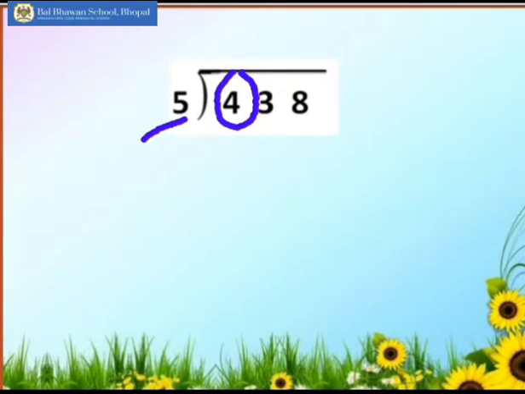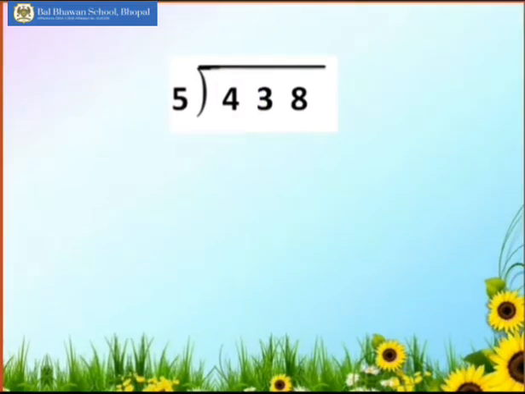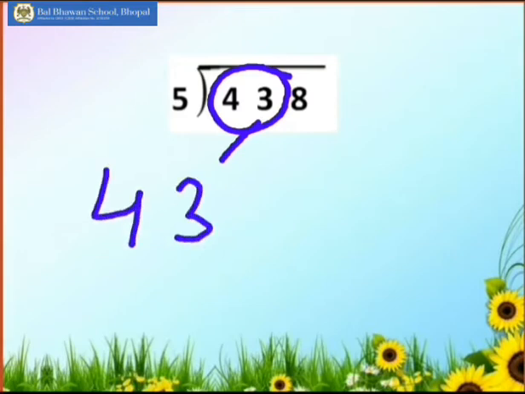As we can see, 4 is smaller than 5. So we cannot divide 4 by 5. In that case, children, we will take the second digit of the dividend also, along with the first digit. That means now we will divide 43 by 5.